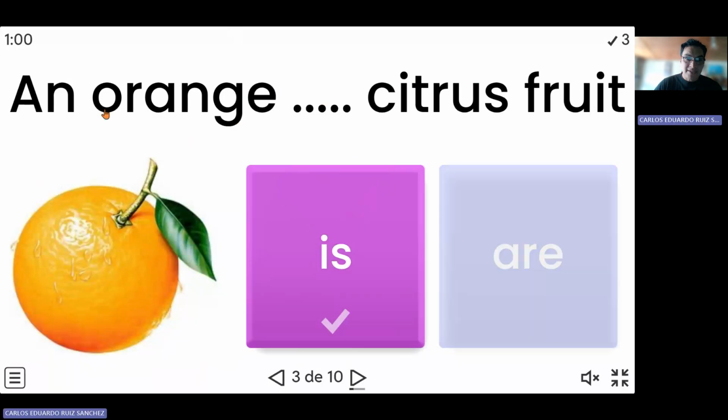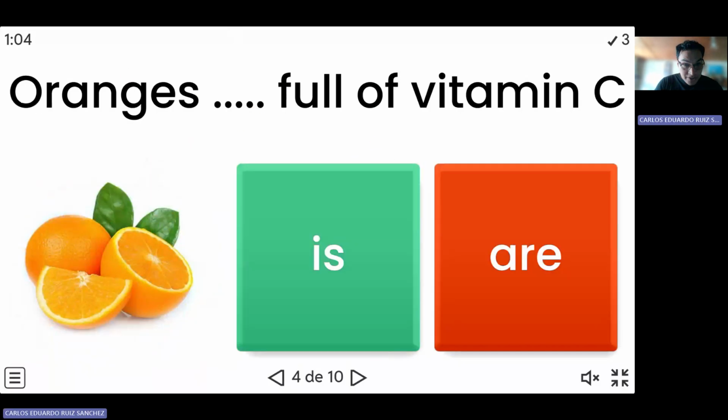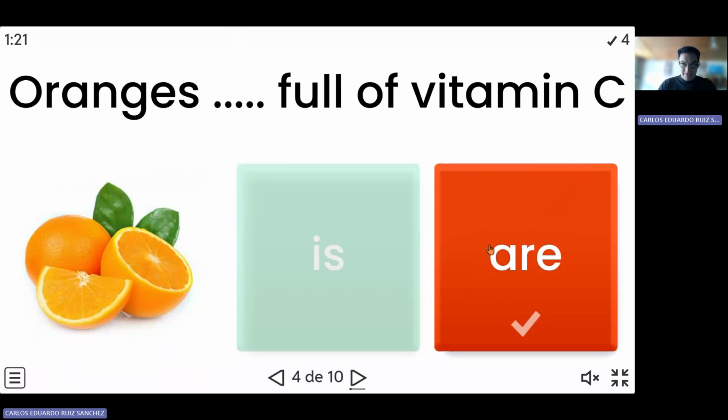Yes, because it's a singular element, a singular fruit. Oranges full of vitamin C. In this case, we got this clue, the S. Tenemos esta S aquí, ¿se acuerdan? It's in plural, so the answer is are.